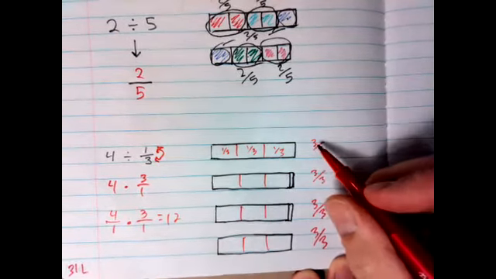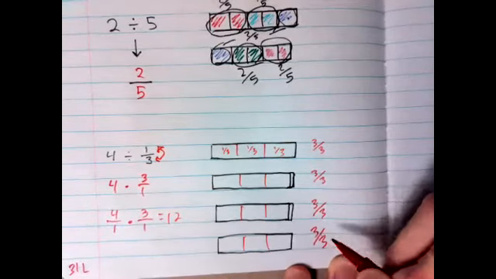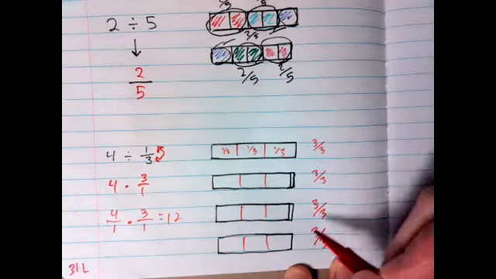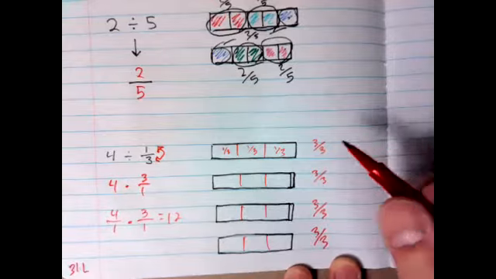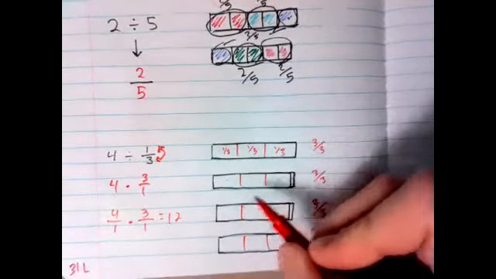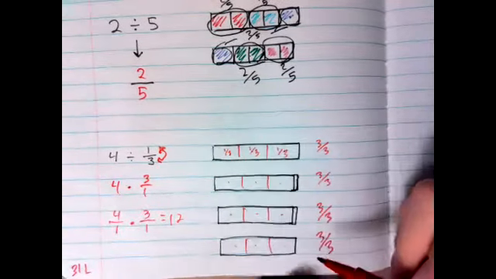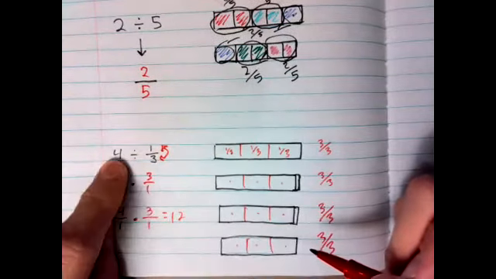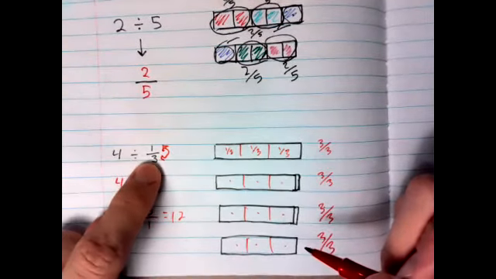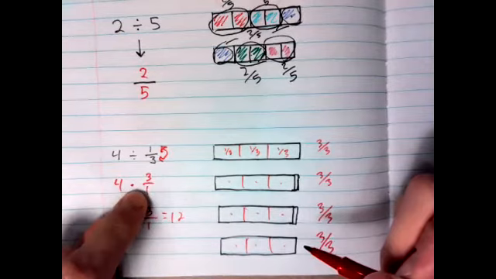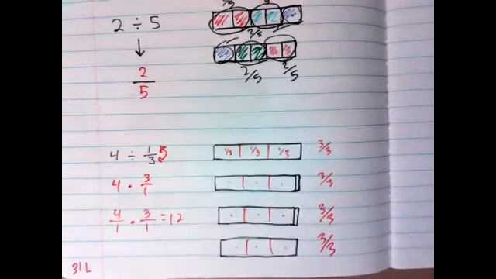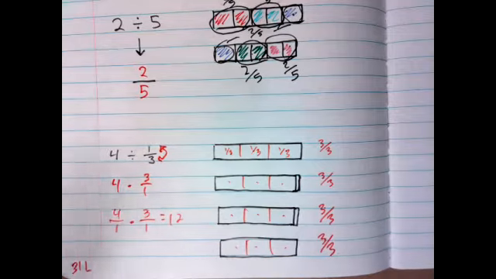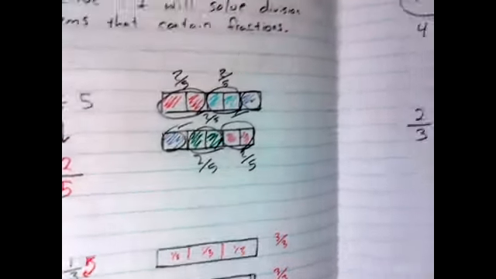Let's add up our numerators. 3, 6, 9, 12. I'm going to end up with 12 pieces total. So I have a whole number being divided by a third, or multiplying each piece by 3. Visual model works. Now let's learn the shortcut.